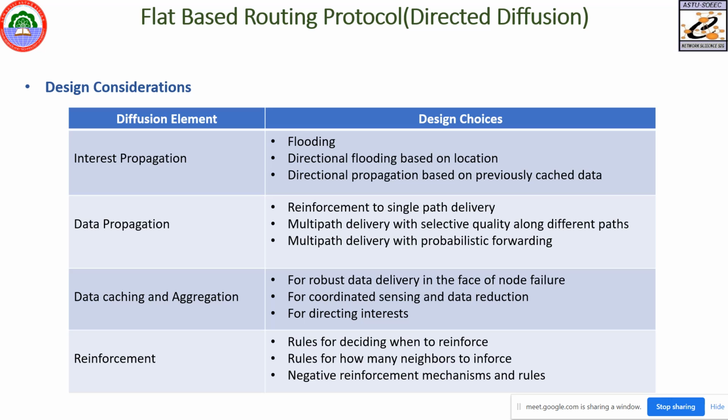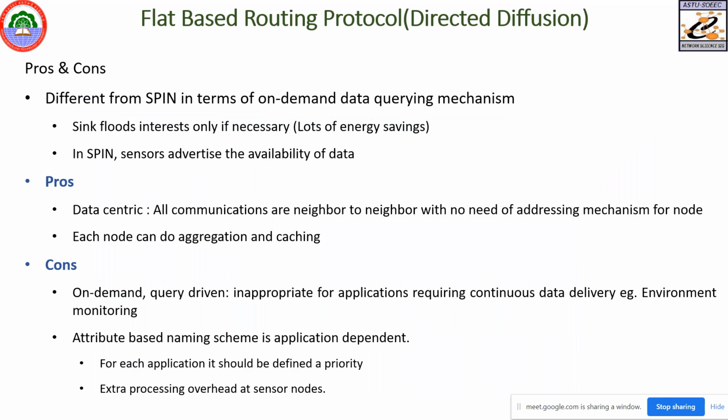When we come to design considerations, we can observe from this slide: interest propagation, data aggregation, and reinforcement. These are the design choices for this directed diffusion. These are the pros and cons. There are different advantages as well as disadvantages for this directed diffusion.